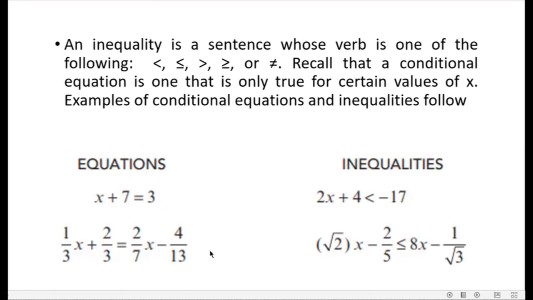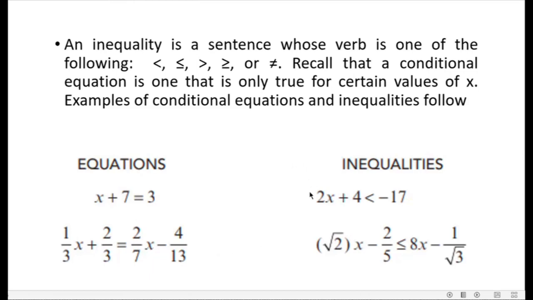For the equations, we show some examples such as x plus 7 is 3, 1/3 x plus 2/3 is equal to 2x, 2/7 x minus 4/13.